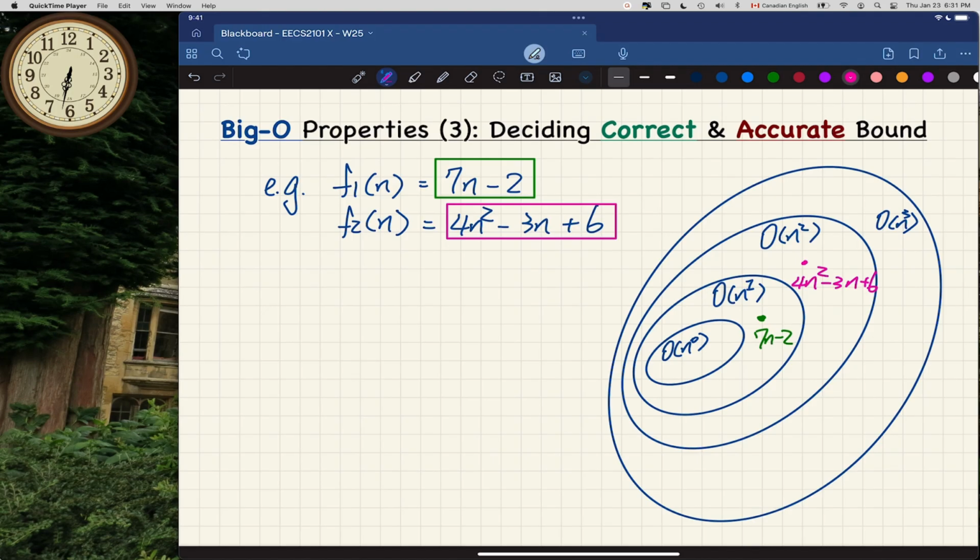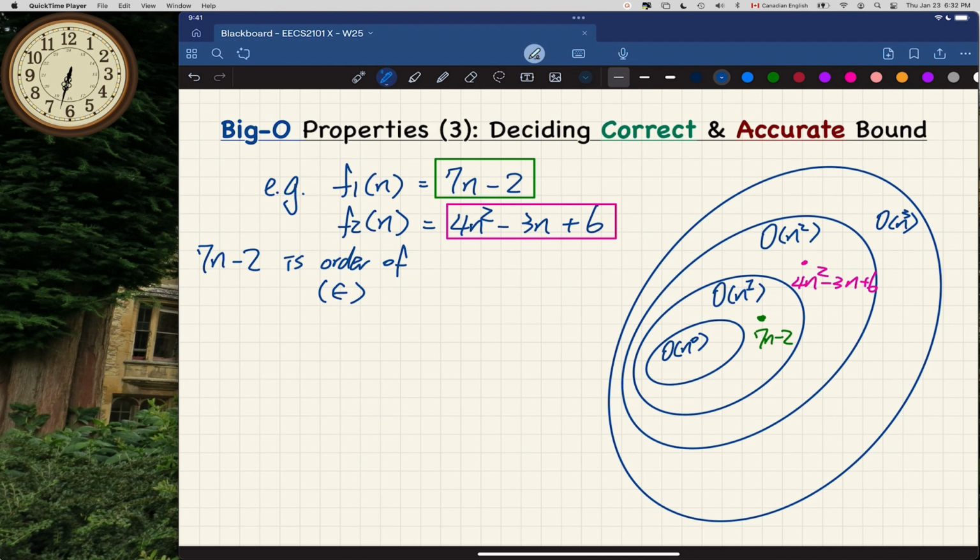And let's now consider the following statements. Let me take this one, for example, 7n minus 2. Okay, this one here. And I'm going to say the following. 7n minus 2 is order of, right? Of course, that means membership, right?